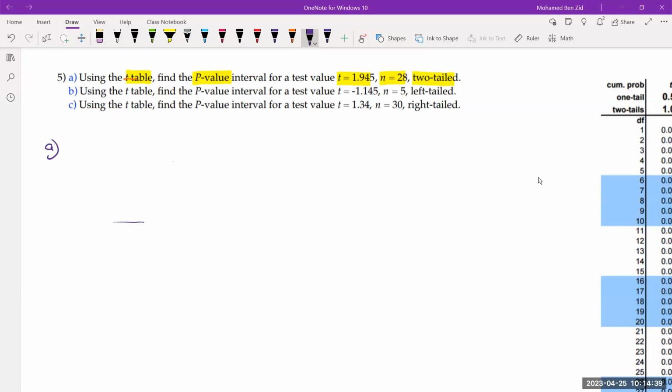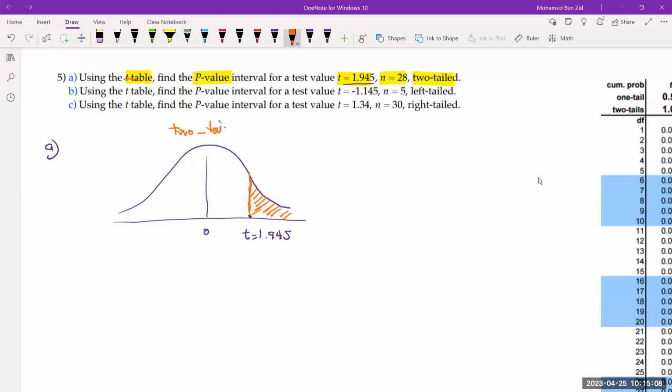So if I have a T distribution here, and this is my 0, and T is going to be 1.945, so T is going to be here. Where the T ends, the tail is going to represent the P value. However, because I am in two-tailed, this has another symmetrical p-value on the other side.